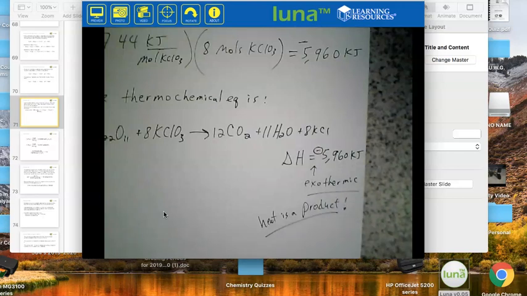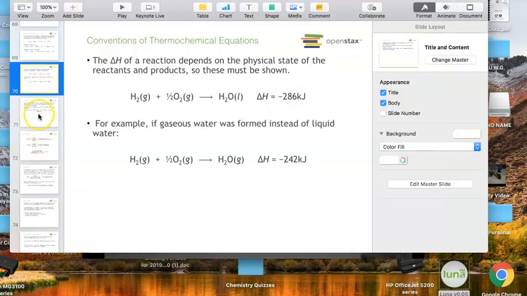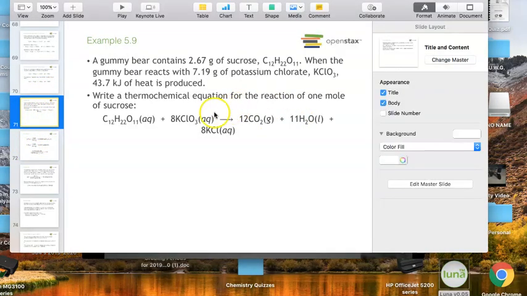So if we go back to the equation, you may not realize why heat is going to be a product here. If you look back here, it said that 43.7 kilojoules of heat is produced. So when heat is a product, it's an exothermic reaction.